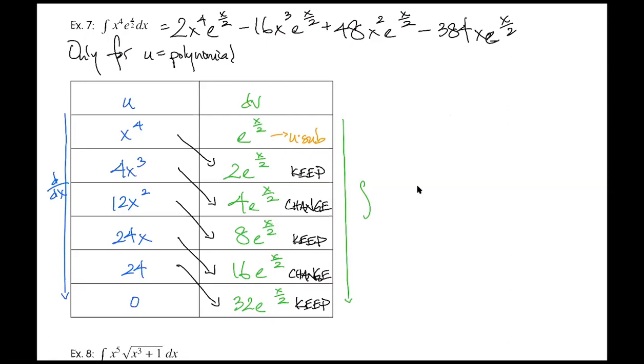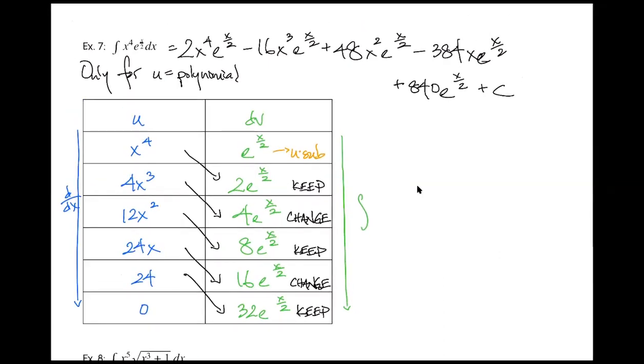And I've got one last term, which is the 24 times 32 e to the x over 2, and that's going to stay positive, so plus 24 times 32, which is 768 e to the x over 2, and don't forget your plus C. And so there is your answer for a situation when your u is a polynomial.